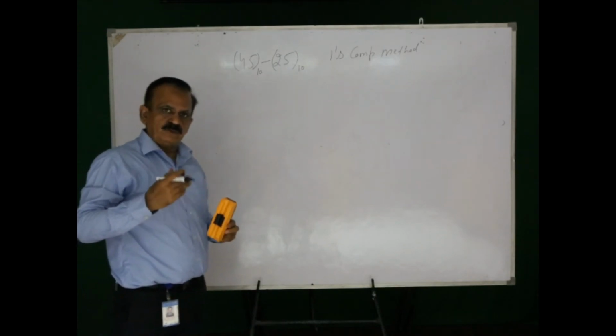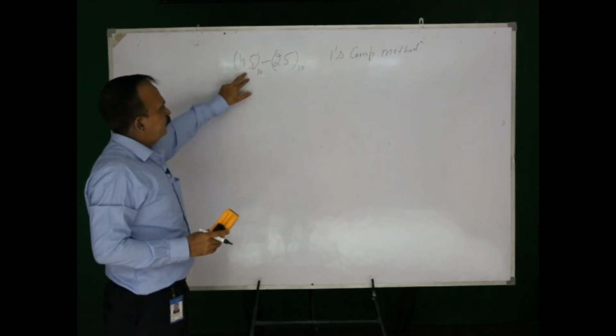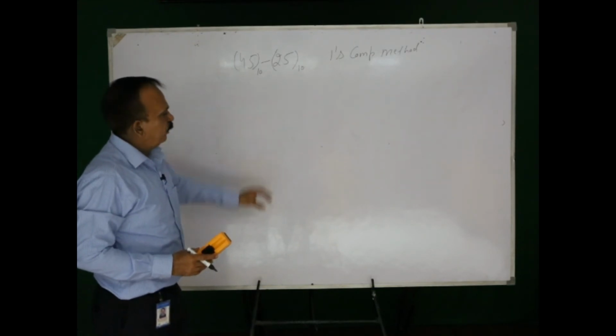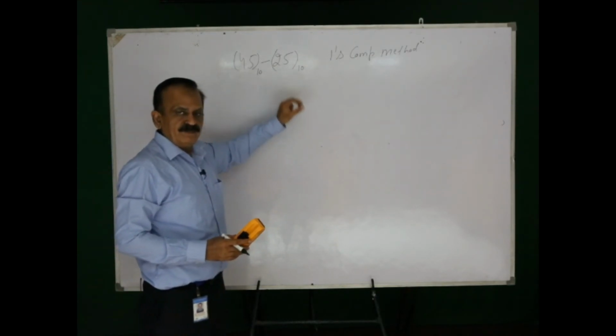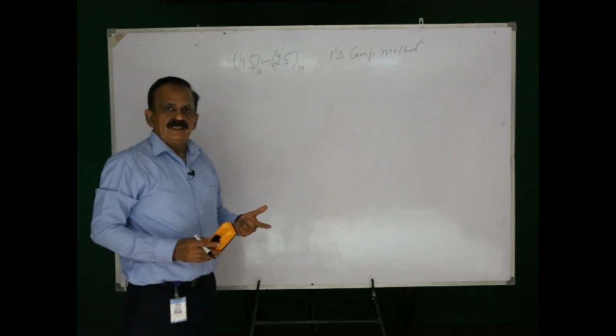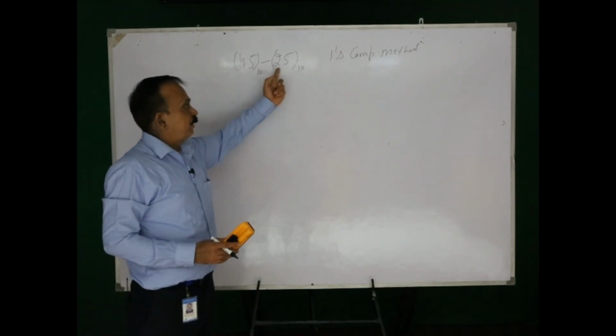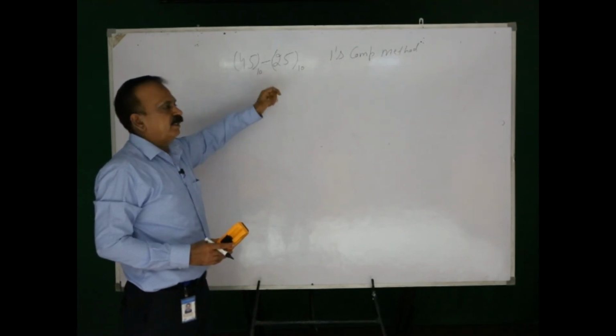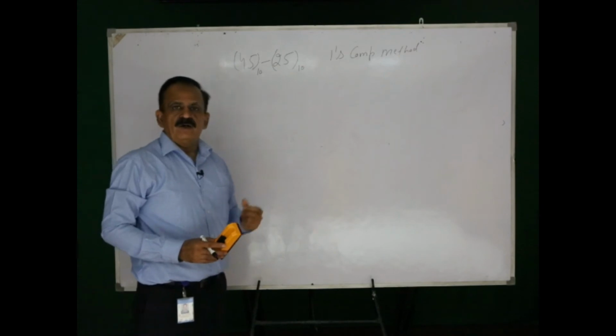Now the steps of solution will be, you will find the binary equivalent of 45, the binary equivalent of 25, you will find ones complement of this number because this is the negative part, and then you will add and accordingly you will get the result.